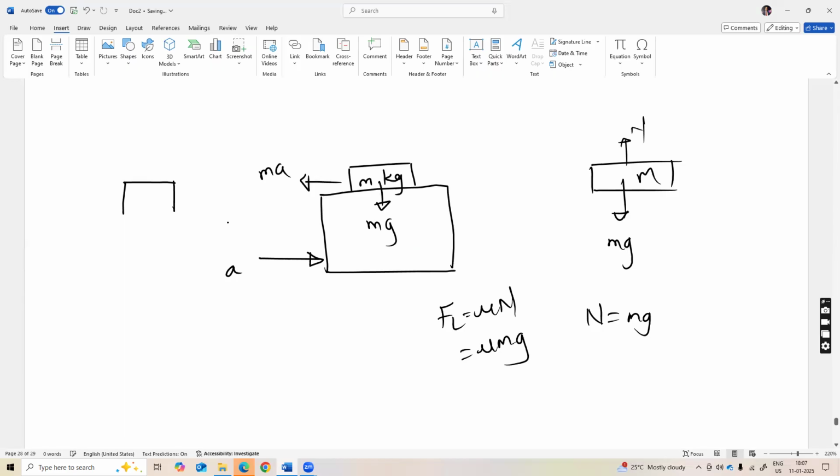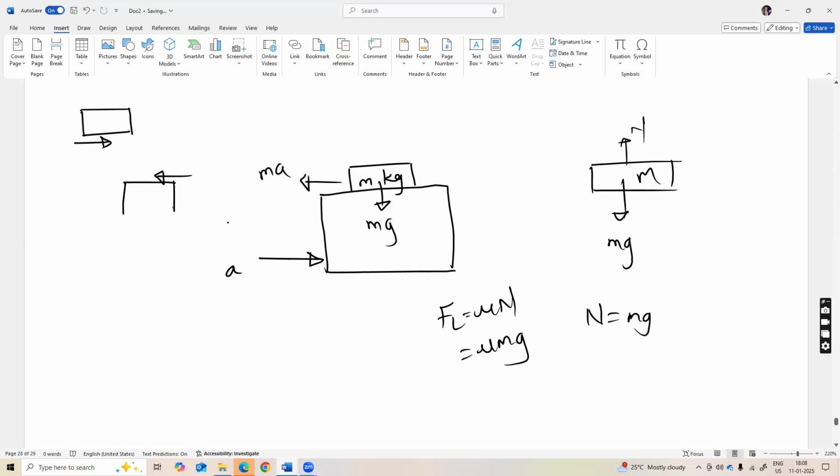If you see the frictional force, it will act on the topmost portion in this direction, and it will act on the bottom part in the opposite direction, because it will try to stop the relative motion between the two masses.